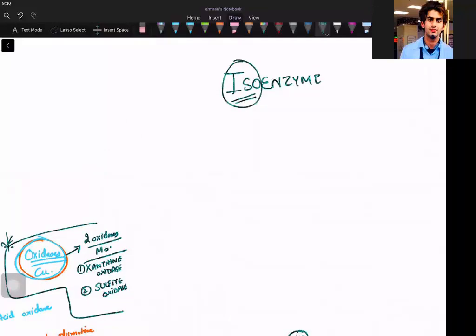There is a distinction between these sets of enzymes which are isoenzymes. When I was in my first year of medical school, when the teacher uttered this word, I was confused. I opened the book later on and came to know the story was different.